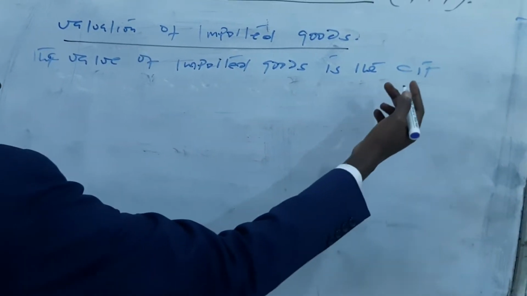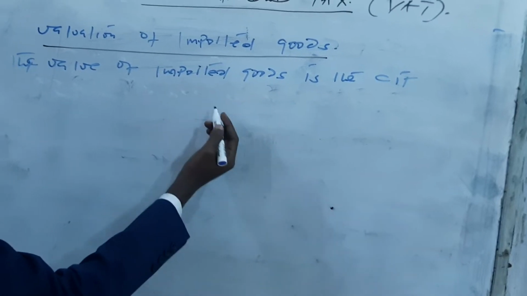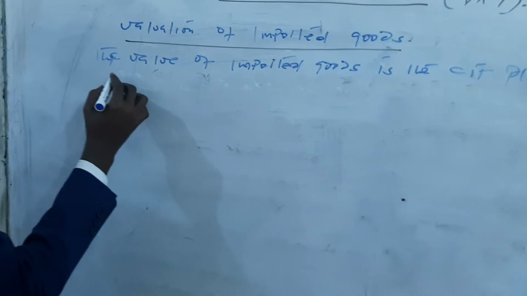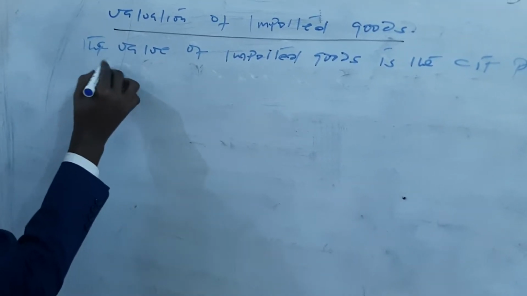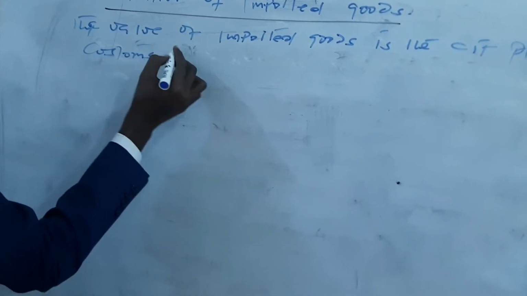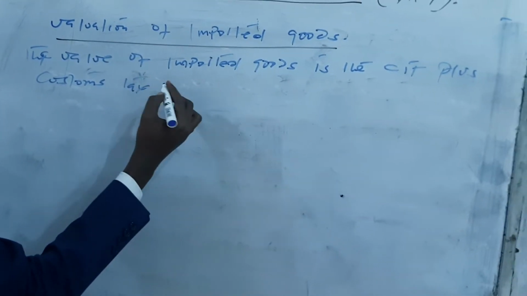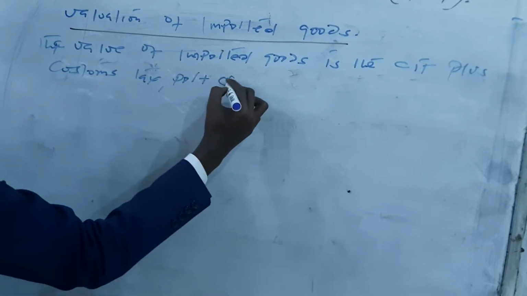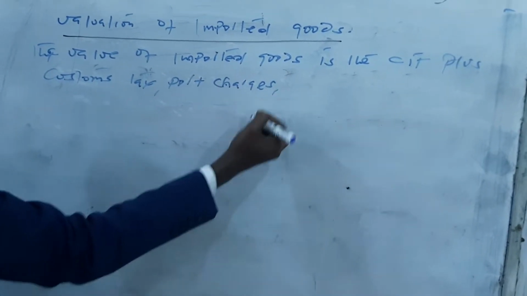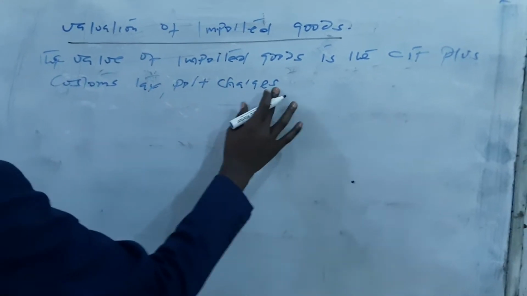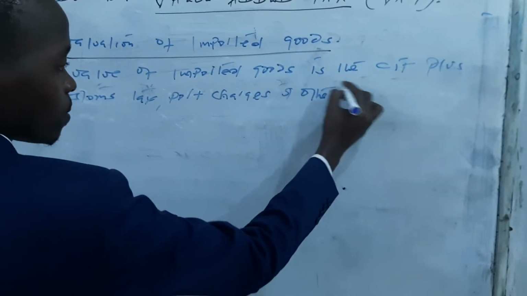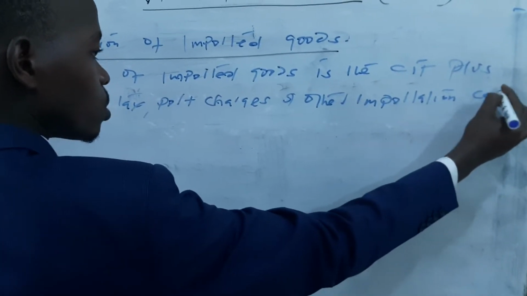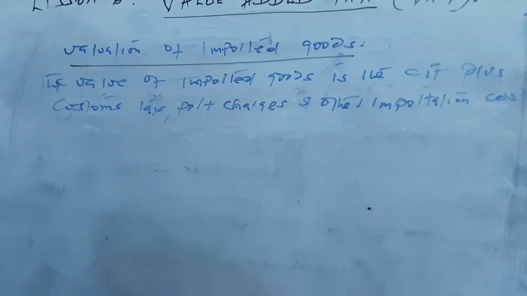The CIF here is cost, insurance, and freight, plus the customs tax, port charges, and the other importation costs.